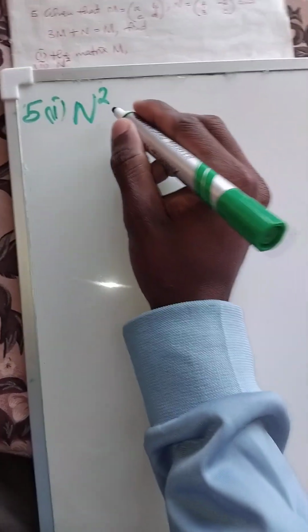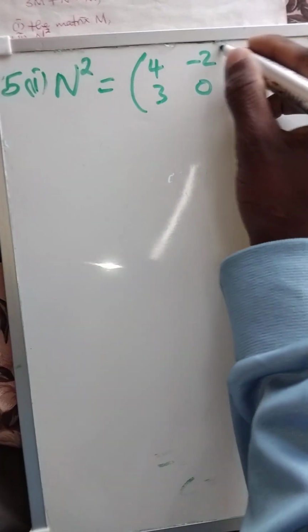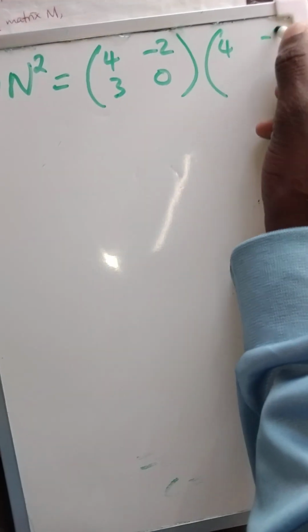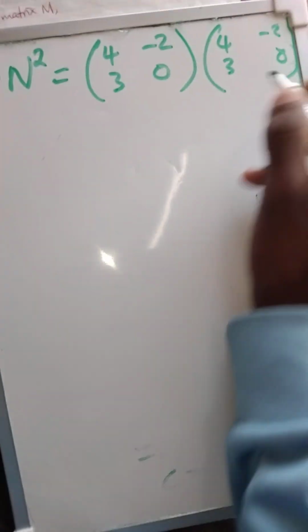Then N squared is 4 negative 2, 3 0 multiplied by 4 negative 2, 3 0.